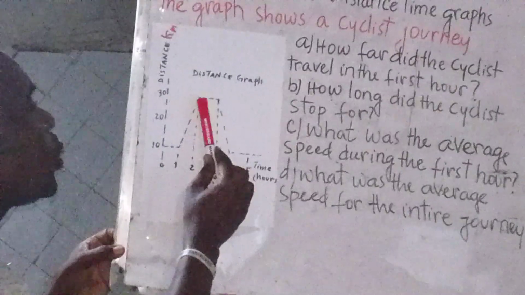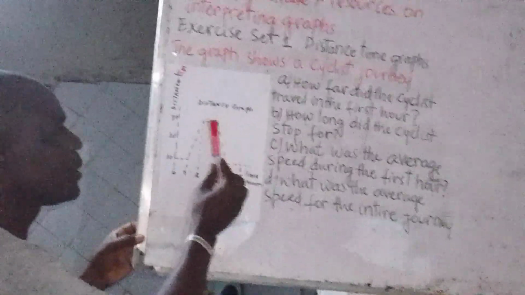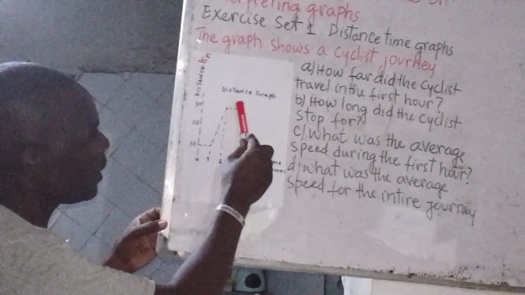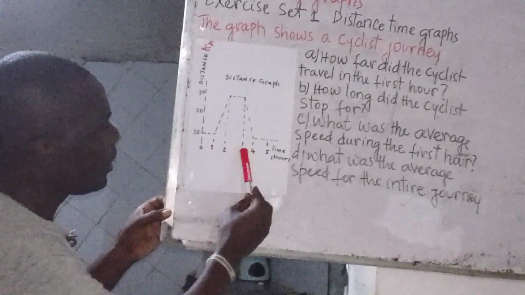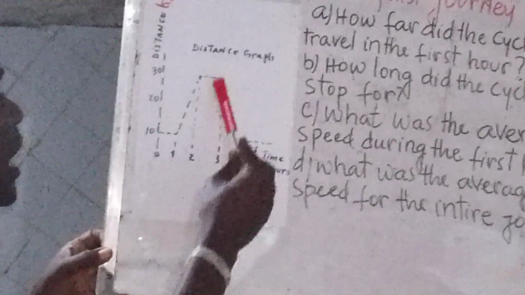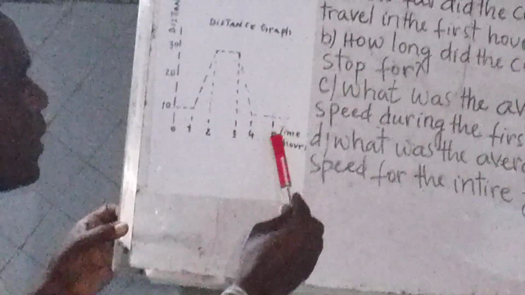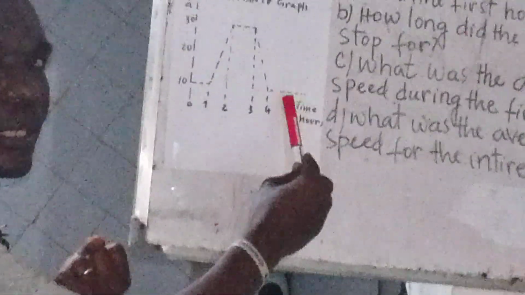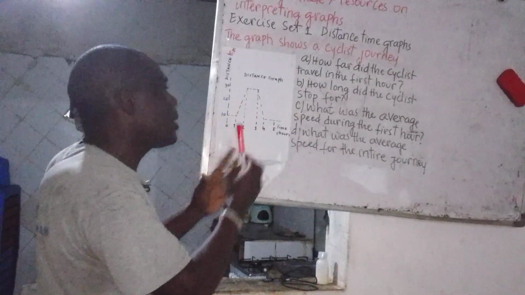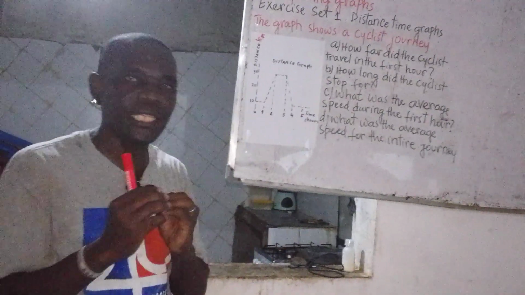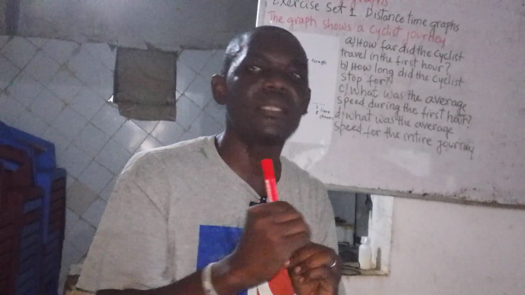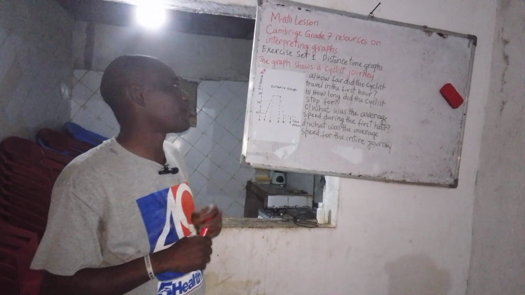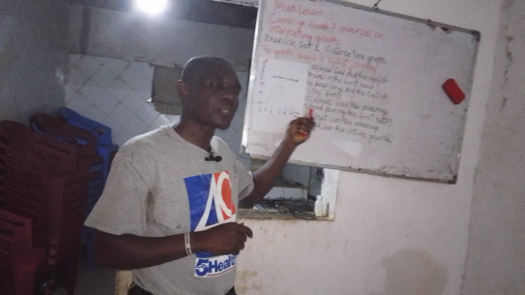Now, between 2 and 3 hours, the distance remains the same. Between 3 and 5, the distance decreases. So this is what I have to say concerning the increase and decrease of the distance in the graph. Now let's go to the questions.